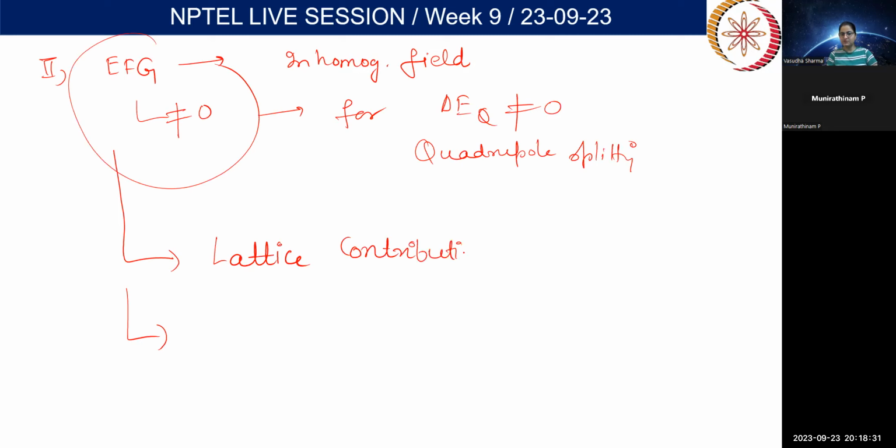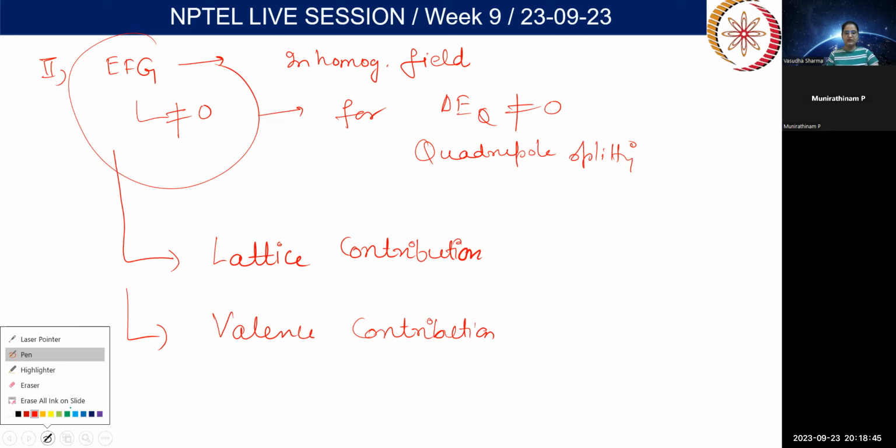Don't worry about the terms, I will explain them with examples. And second is the valence contribution. So the lattice contribution is something coming from the lattice. The lattice is the surrounding.